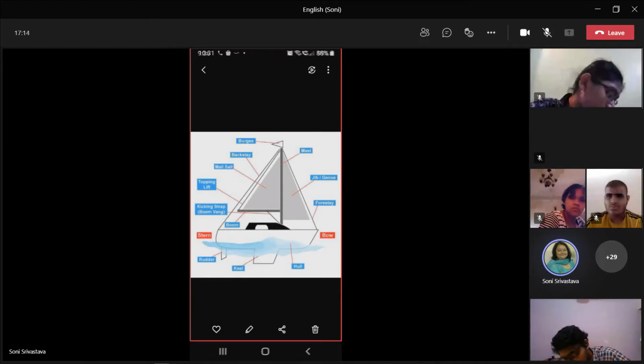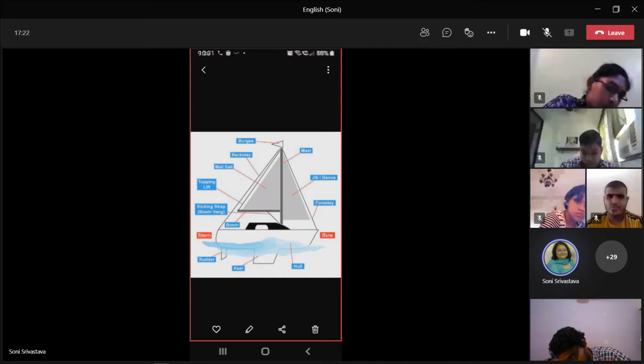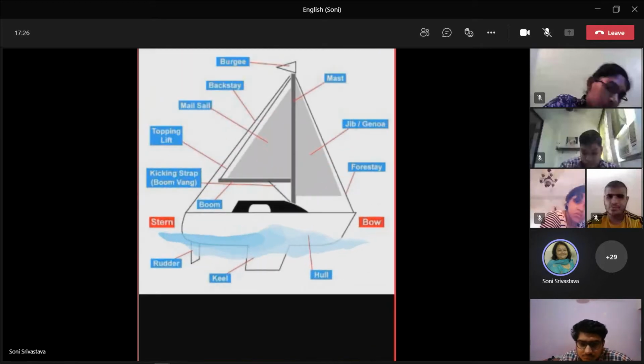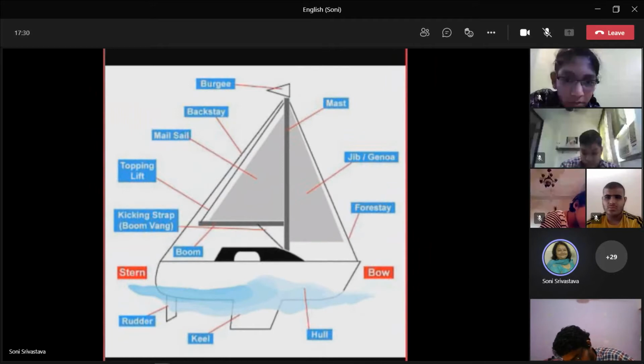Then there is the jib. Then there is the forestay, and the bow. Coming down, you see the hull. Then there is the keel, keel. This small part on the left, rudder. There is the stern. That entire part is called the stern.